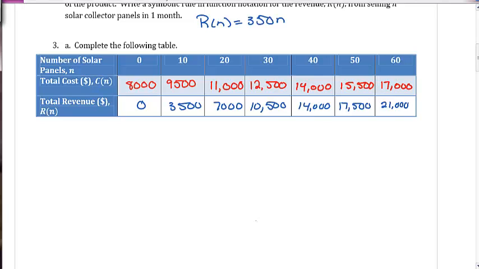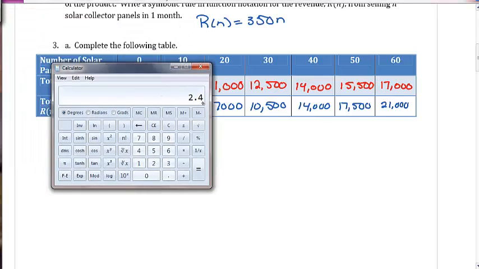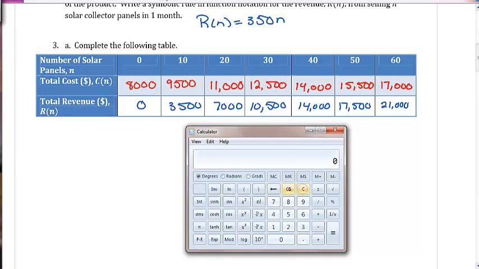Let me just check those with my calculator. I'm not doing it in my head all that great. So 8,000 plus 1,500, 9,500, 11,000, 12,500, 14,000, 15,500, and 17,000.